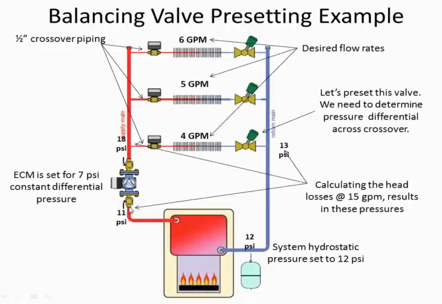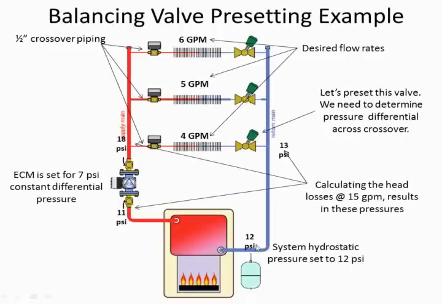So if this is 12, that means going into the pump it's going to be 11. And because the pump is operating on 7 psi constant differential, we know that it's going to raise the psi up to 18 coming off the pump. So right at the first crossover, one of our variables is now solved, 18 psi coming off the pump and on the first crossover.